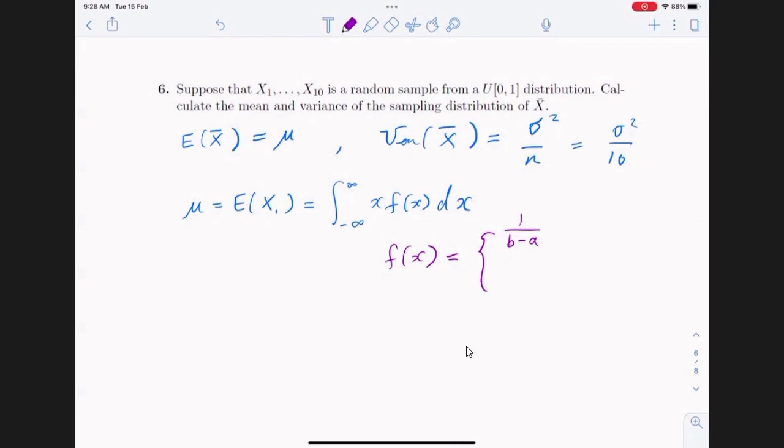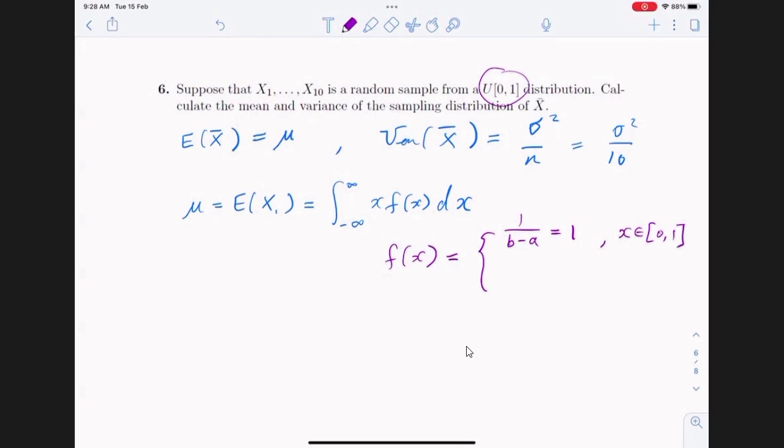And here, we have a uniform distribution from 0 to 1, so A equals 0 and B equals 1, and the length of the interval is 1. But this has a restriction, because it will be equal to 1 only when the value of x is within 0 to 1.